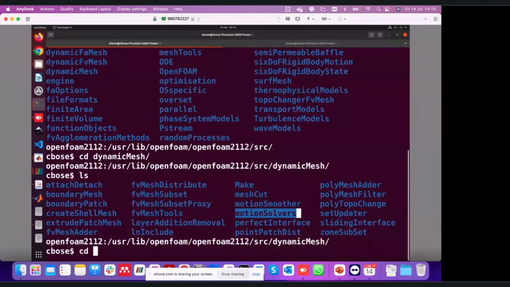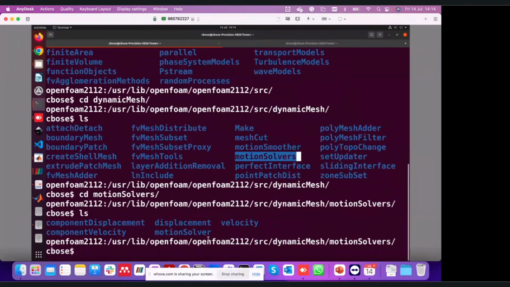All right. So if we go to that folder, we will see there are different motion solvers, which I'm going to now show you. Most commonly used are the displacement based motion solver and velocity based motion solver.